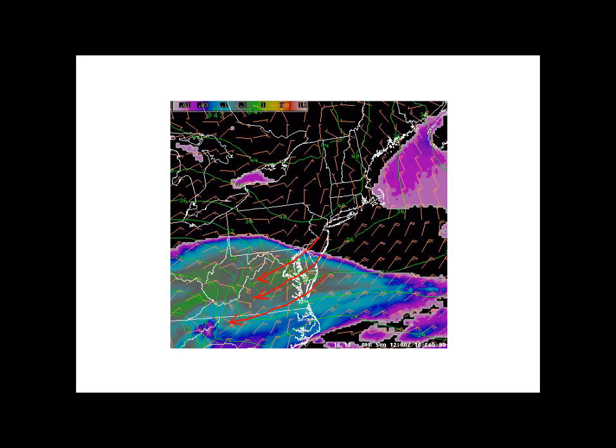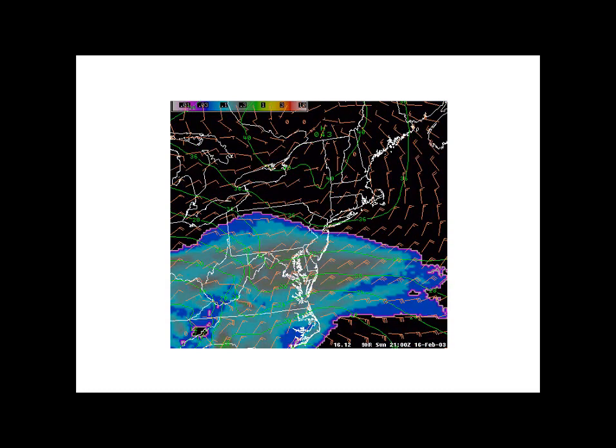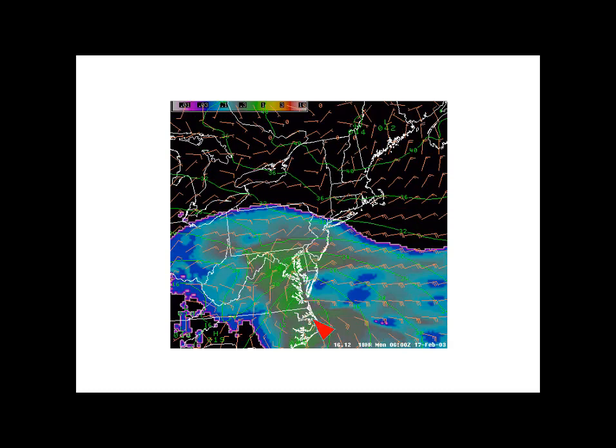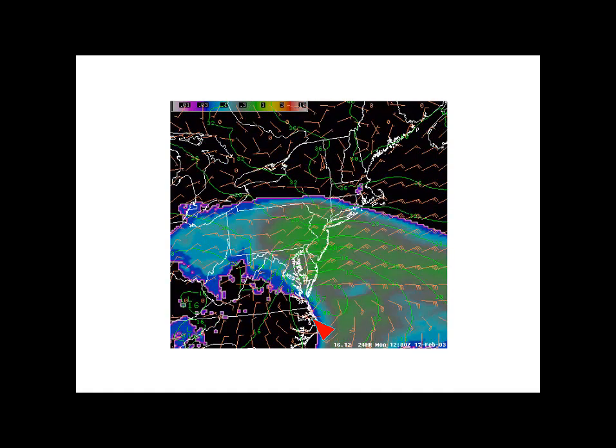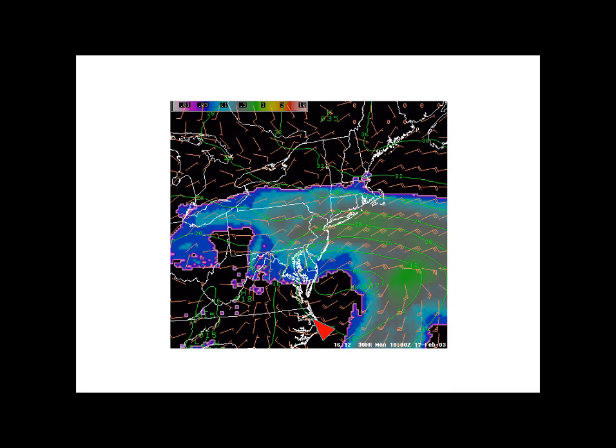And what I'm going to do next is just advance along in time here, and you can see the system slowly developing. Here it is, 1012 millibars just off the coast of North Carolina at this time, and slowly moving its way towards the northeast. And you can see the significant QPF associated with it as it moves slowly to the northeast.